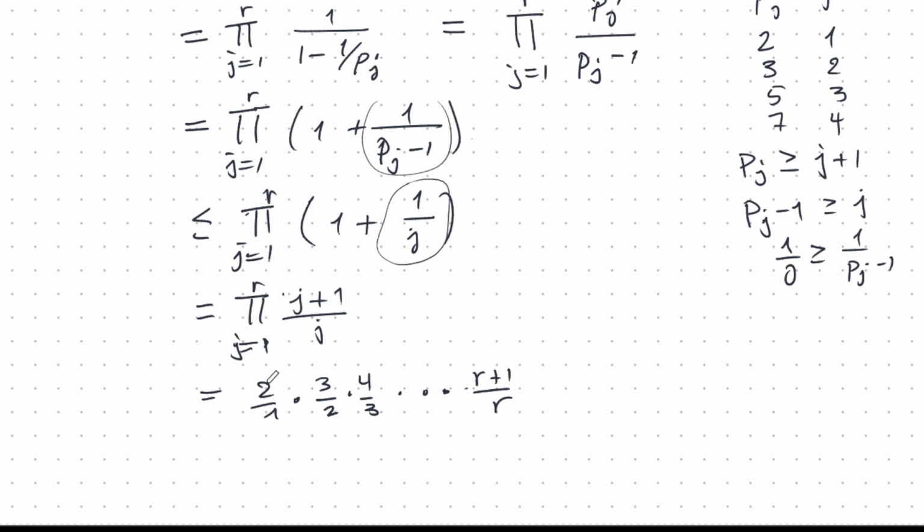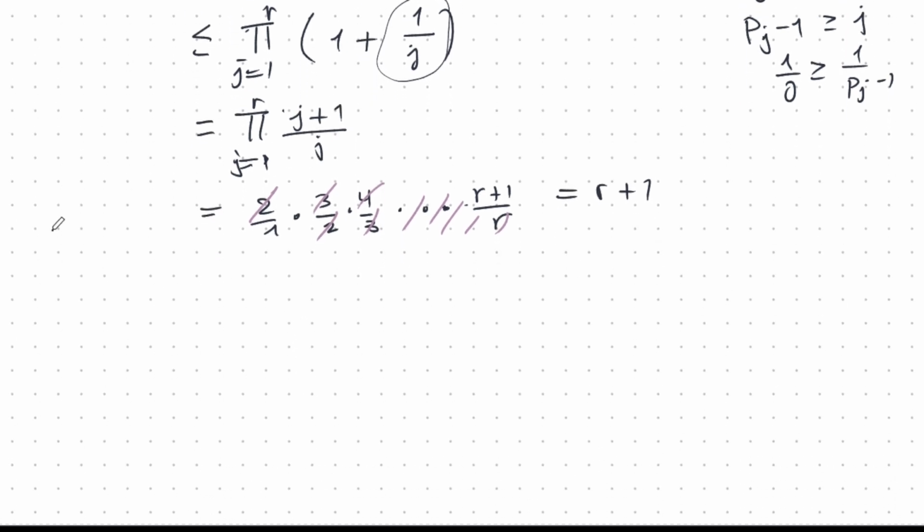Now, let's look at this, and we see that everything cancels out in an amazing way, and we get r plus 1. I mean, could you imagine something like this? Euler, amazing. So we proved that log of x is less than or equal to r plus 1.